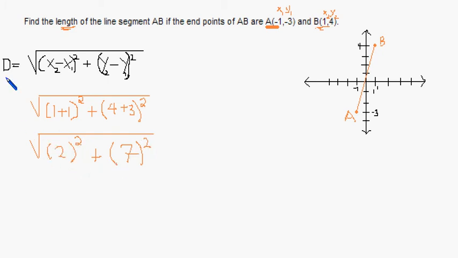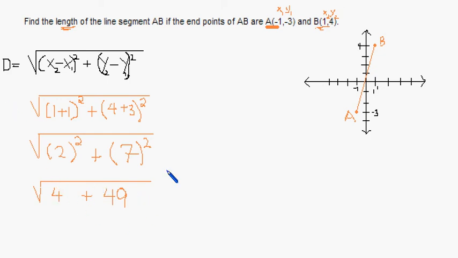We're going to go to exponents now. We're going to square the 2. So let me draw the radical again. Now we have 2 squared, which we know is 4, so I'll write down a 4 plus 7 squared, which is 49. So we have 4 plus 49. Now we have to make sure we combine these two terms inside the radical.